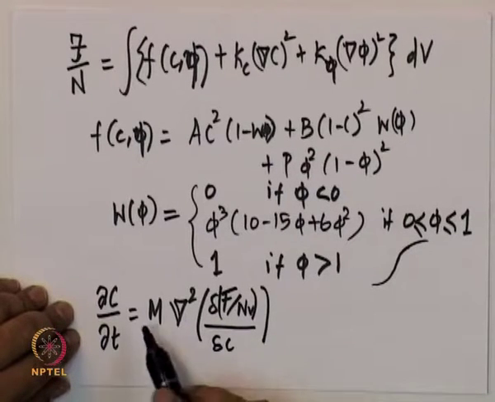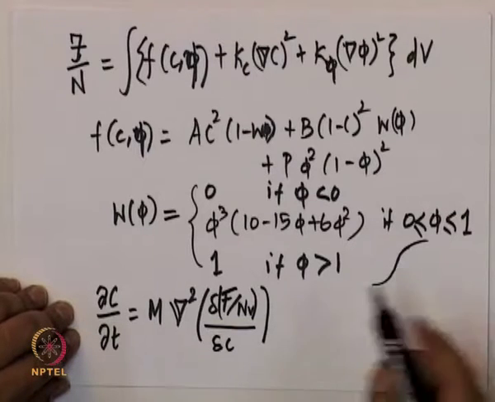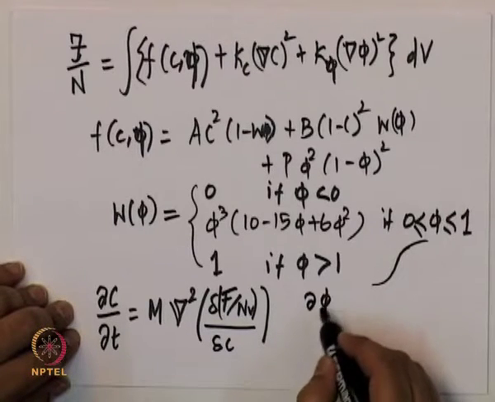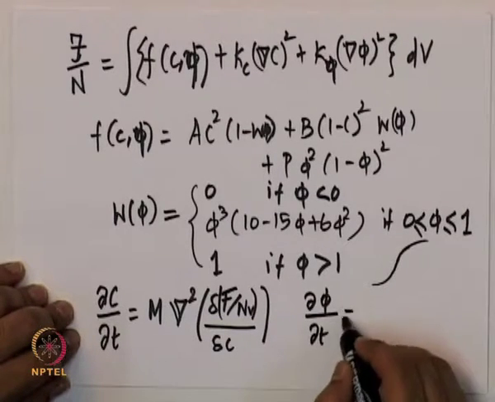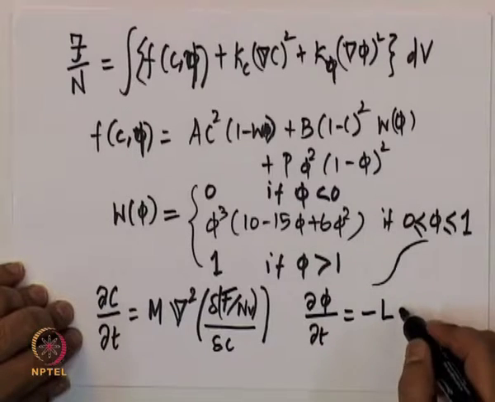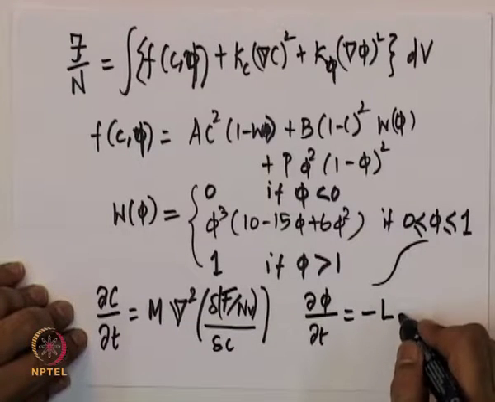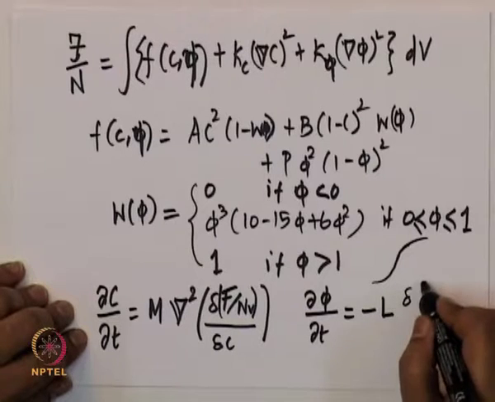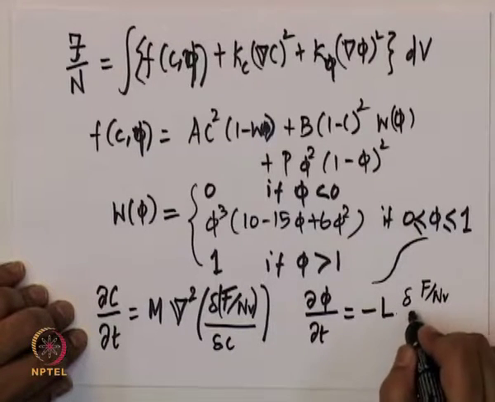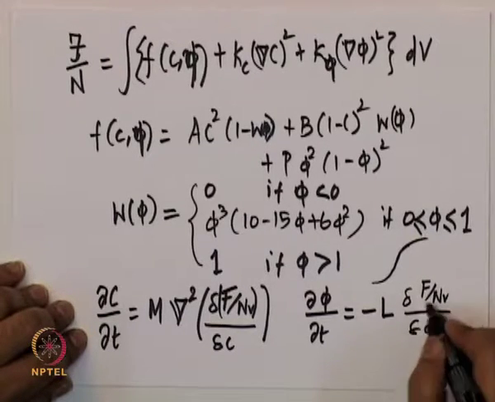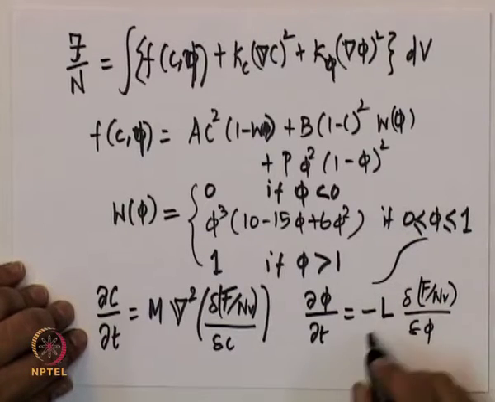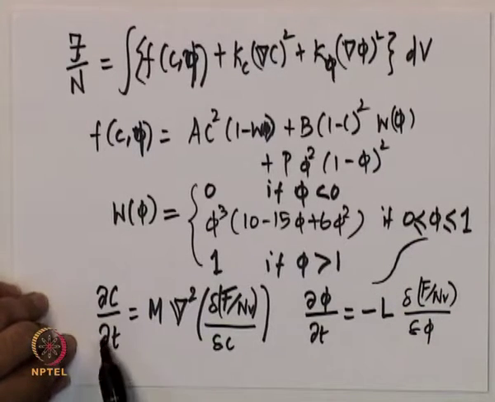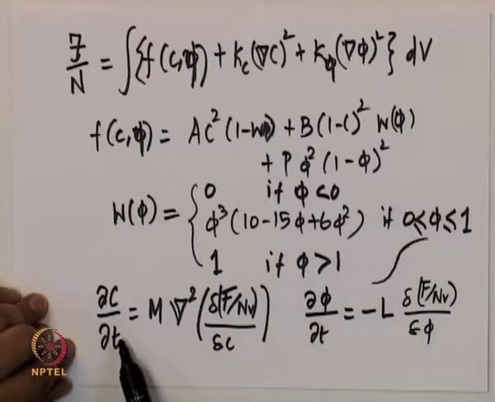So this is the Cahn-Hilliard equation, and the Allen-Cahn equation is going to be dou phi by dou t is equal to minus L and then acting on del f by nv by del phi. So this is going to be the Allen-Cahn equation. So we want to solve them both.